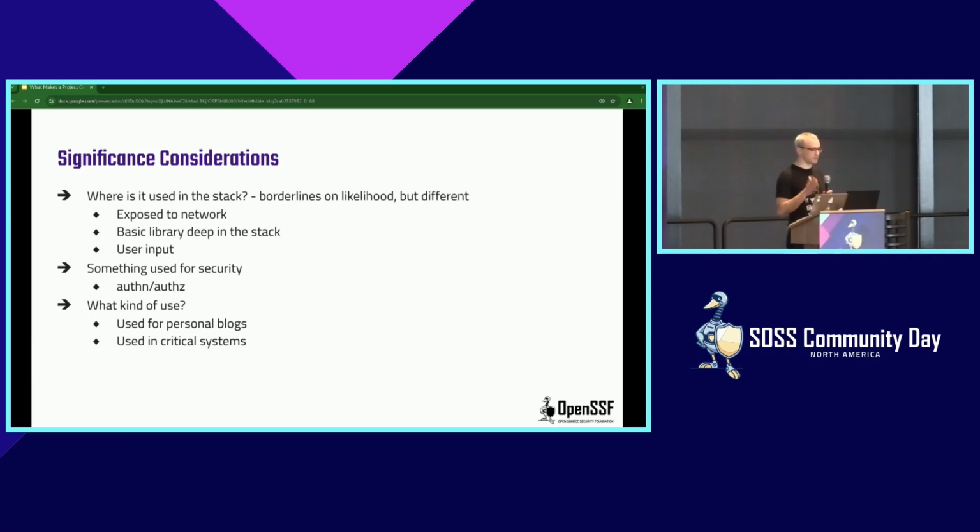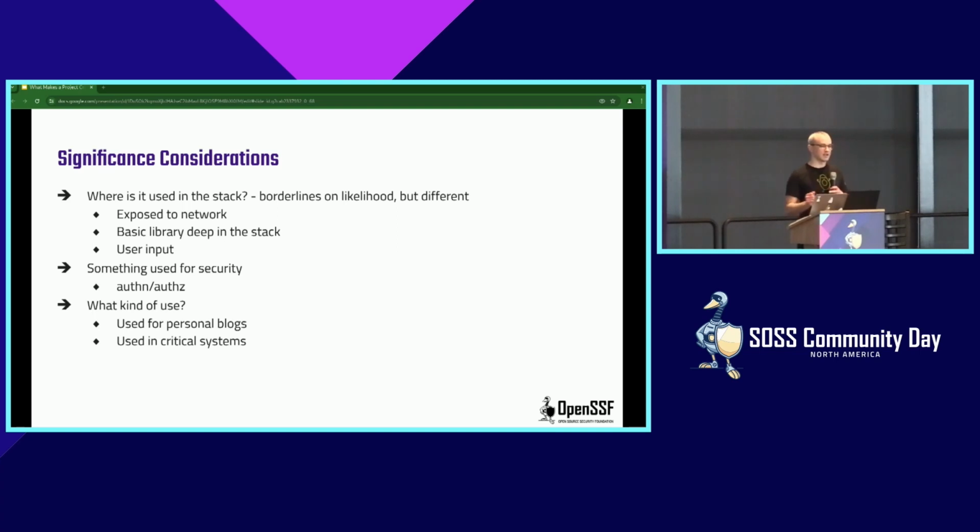So one interesting question is, where is this piece of software used in the stack of a typical critical system? This borders on likelihood because we're guessing, if there were a vulnerability in this project, would it be exploitable? But it's different because we're not just looking at the probability or the support of the project.